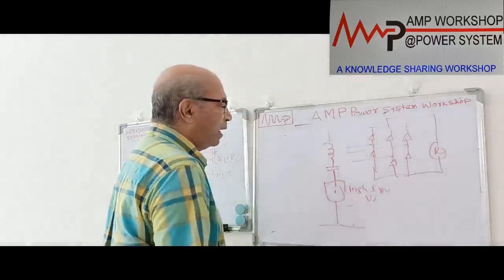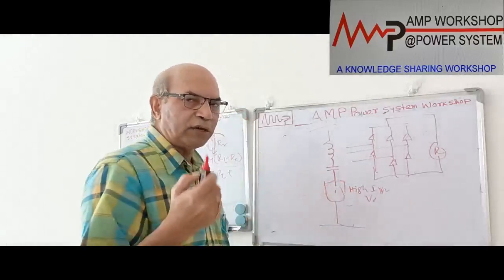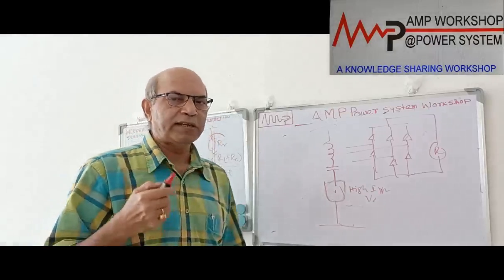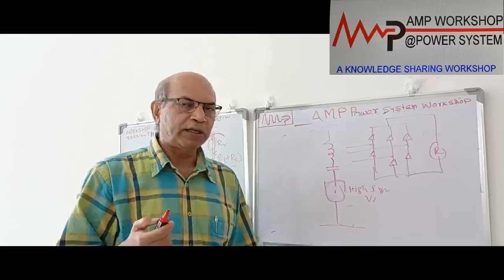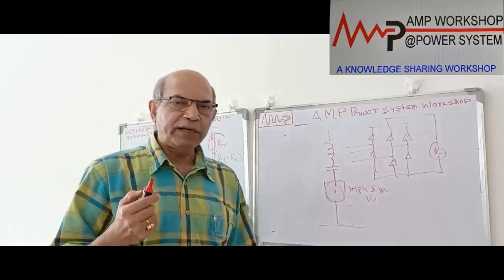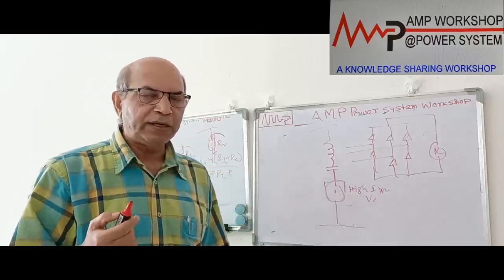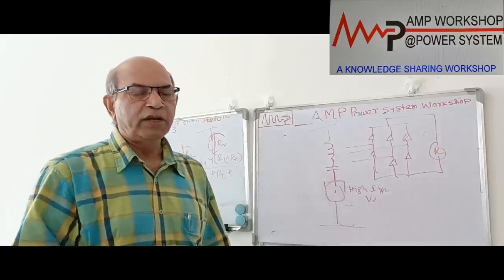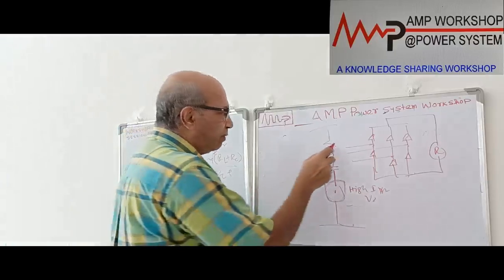That is number one. And during fault condition, we have already discussed that the fault is asymmetrical. The current flowing through the system is an unsymmetrical current, which contains a DC component as well as various harmonics. These harmonics sometimes maloperate the relay. To stop the harmonics, this filter is used.